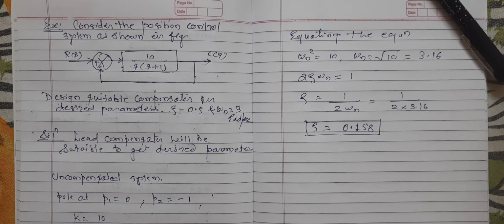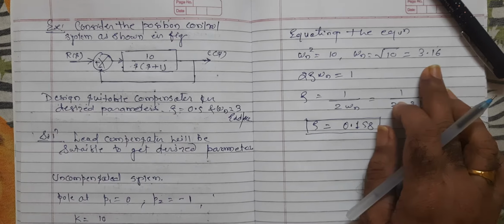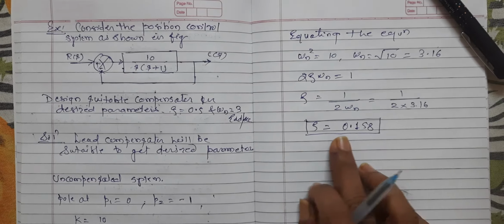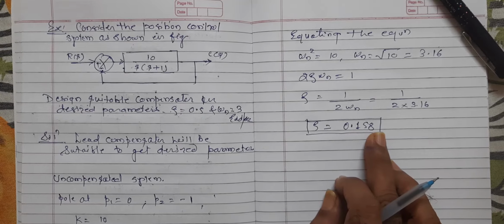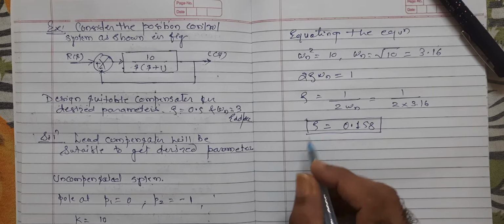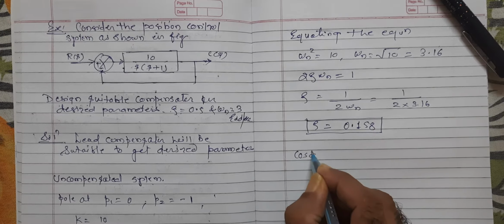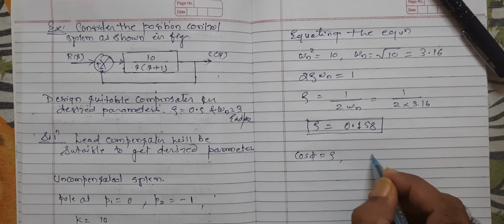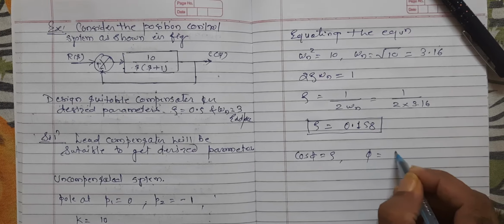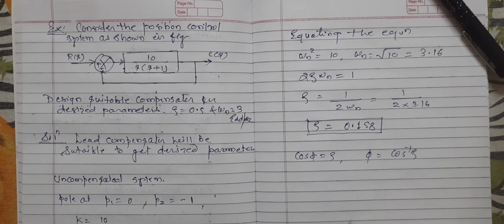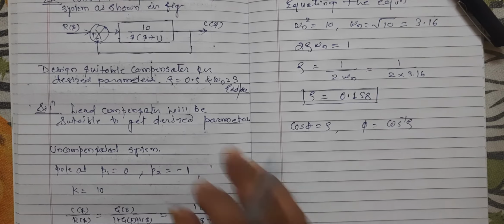Now we know neta is equal to 0.158. So cos phi is equal to neta. So phi is equal to cos inverse of neta. These equations we know.